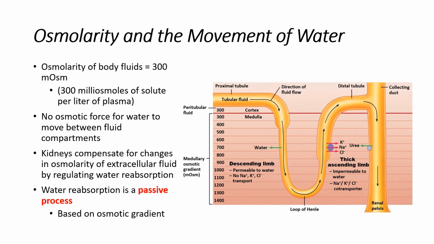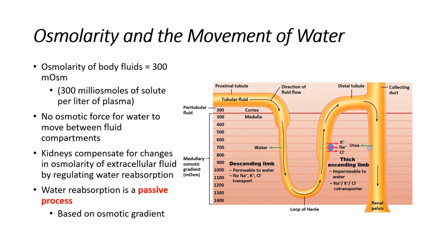And so usually there's no osmotic force to move water. We know that water moves passively, but typically because all of our plasma is the same osmolarity, our tubular fluid starts out being at the same osmolarity. And so naturally in the body, there is no gradient for water to move passively. And so we're going to spend some time establishing a gradient, right? We have to set up these gradients sort of artificially in order for that water to then follow.